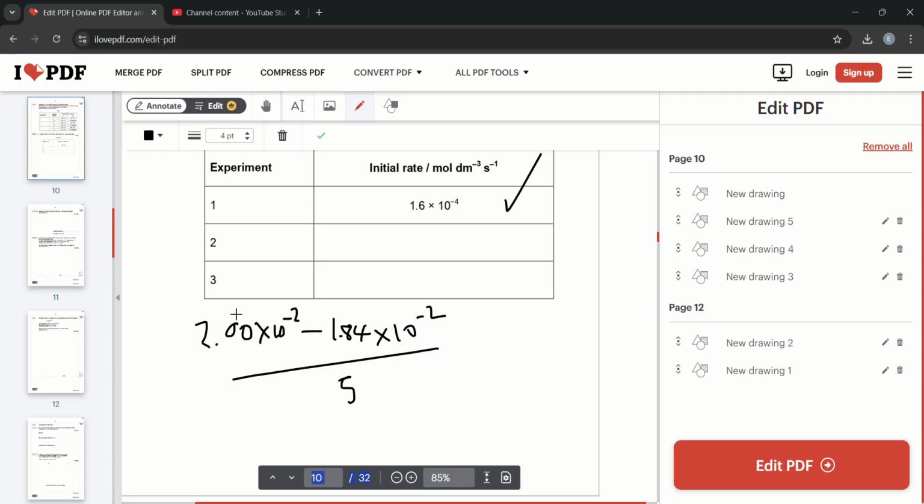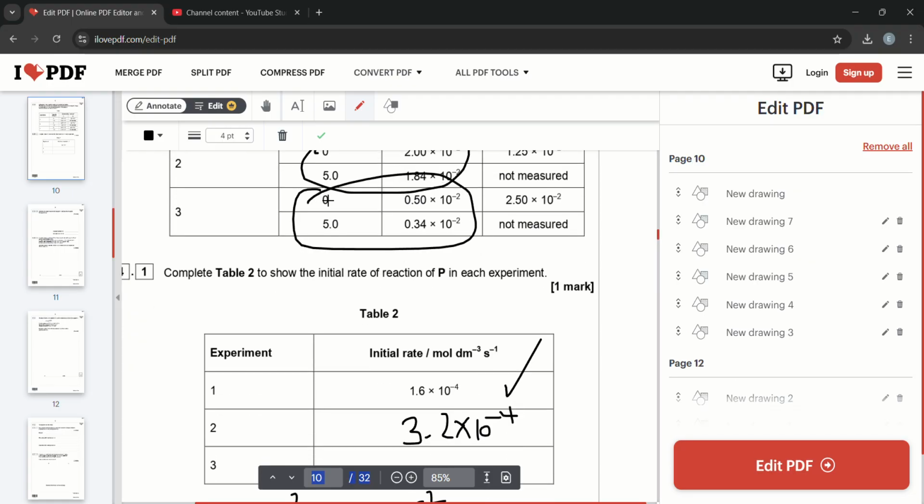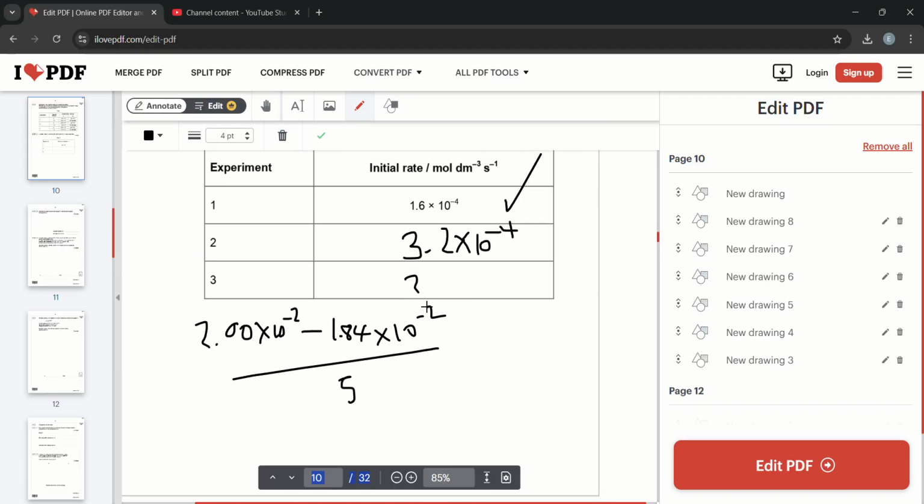And we get 3.2 times 10 to the power minus 4. And for experiment 3, same thing: 0.50 times 10 to the power minus 2 minus 0.30 times 10 to the power minus 2, divided by 5. Again, we get 3.2 times 10 to the power minus 4.